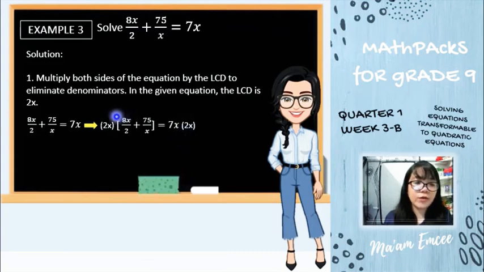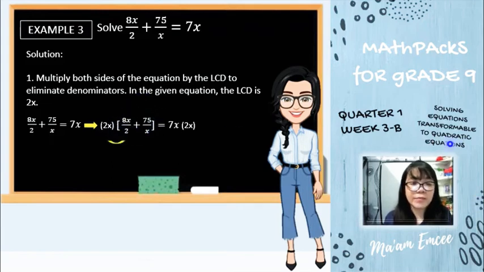So do not forget to enclose this one into a bracket because that would mean that 2x is being multiplied to both the 8x over 2 and 75 over x. Without this bracket, then 2x will be multiplied to 8x over 2 only, which is very wrong because we are multiplying 2x to the whole left side of the equation.